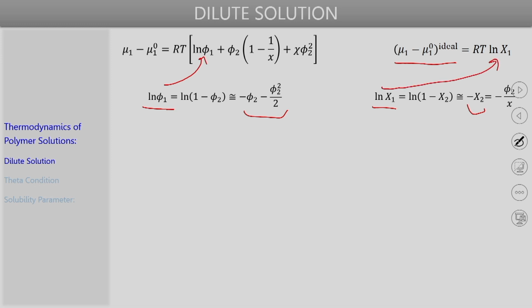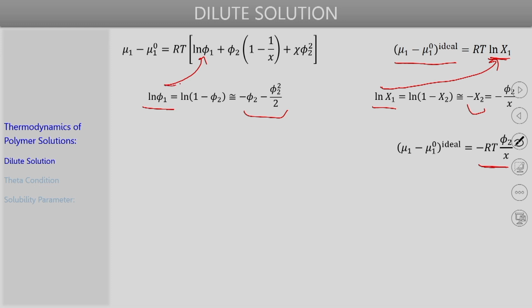Let us see what happens when we substitute ln x1 here first. So, this ideal term becomes minus RT phi 2 by x. So, the ideal term chemical potential difference becomes minus RT phi 2 by x.